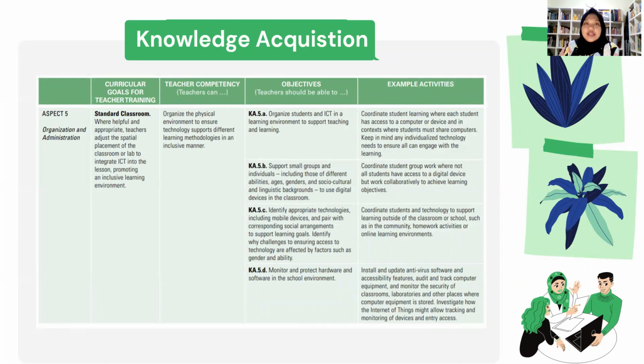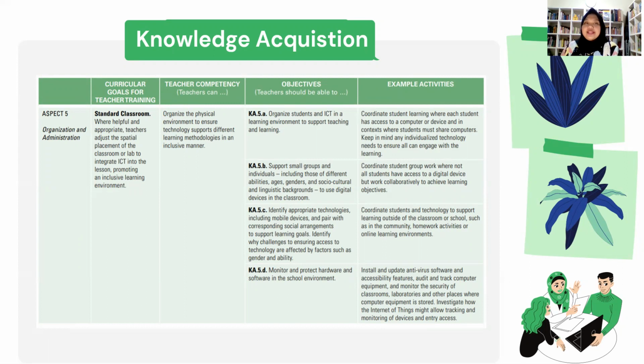The fifth aspect, which is organization and administration. In this aspect, the teacher should be able to organize students and ICT in a learning environment to support teaching and learning by coordinating student learning where each student has access to a computer or device and in context where students must share computers.